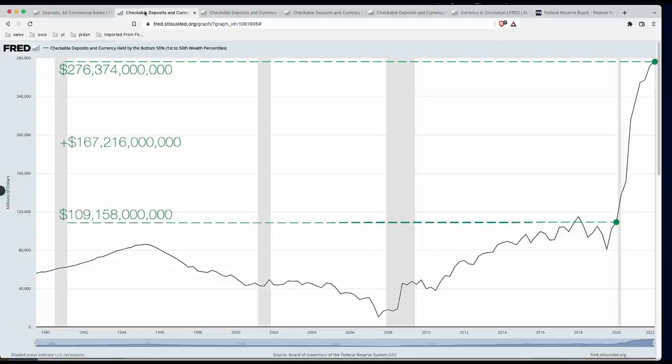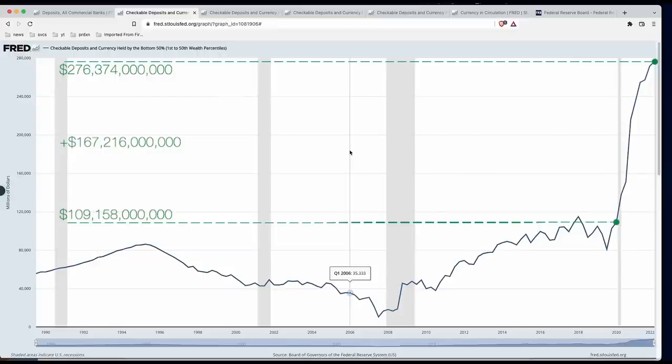Now, it is very easy. We know, you can look this up, there are 123.6 million households in the U.S. So if we go back, we can figure out how much the average household in each wealth band got from quantitative easing by the Fed during the pandemic. For the bottom 50%, I'll just run through the numbers here.